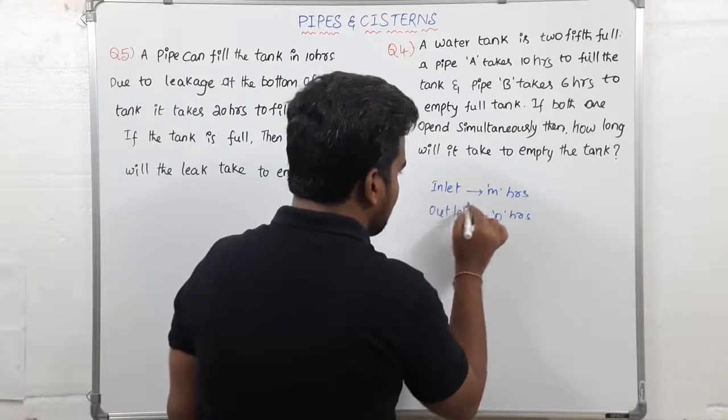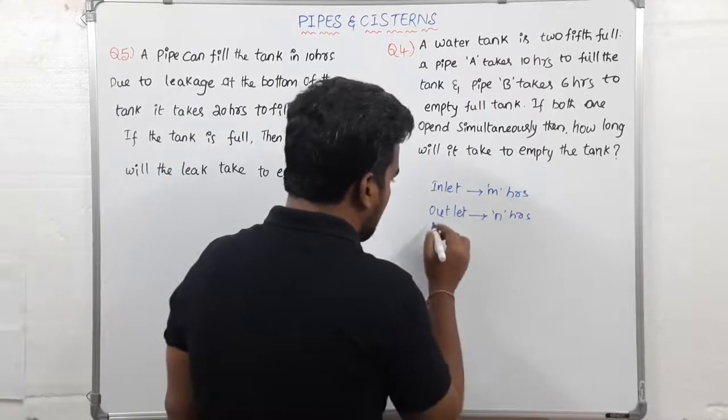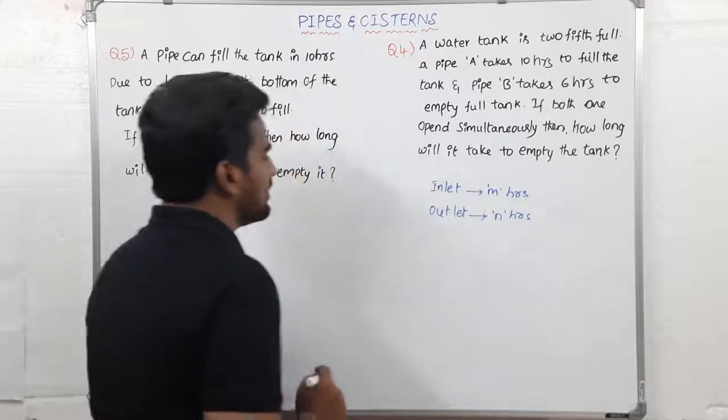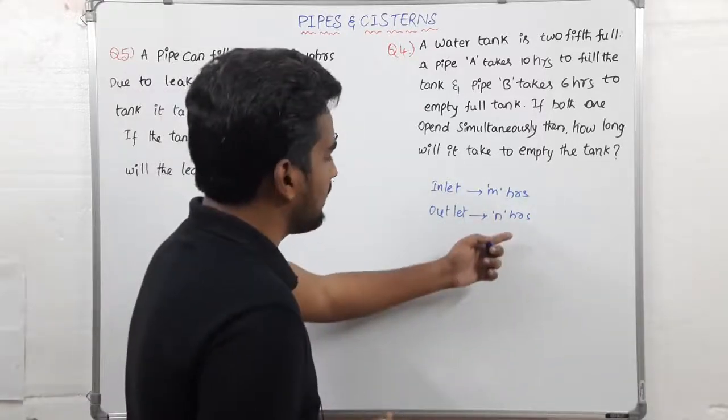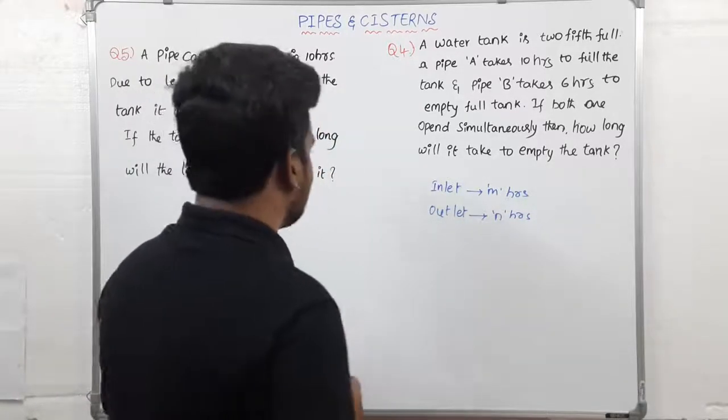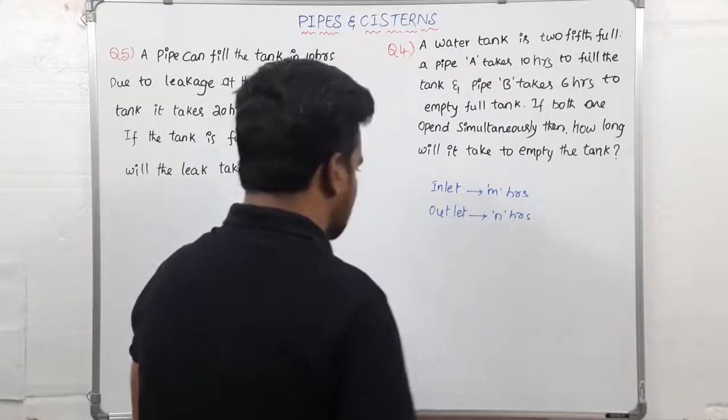Inlet pipe takes m hours and outlet pipe takes n hours to fill and empty the tank when they are opened individually.